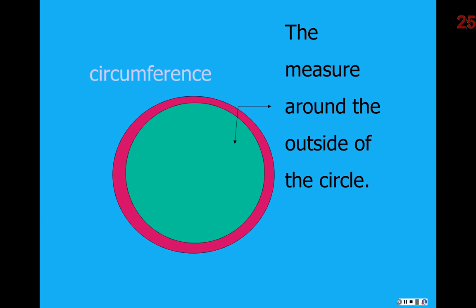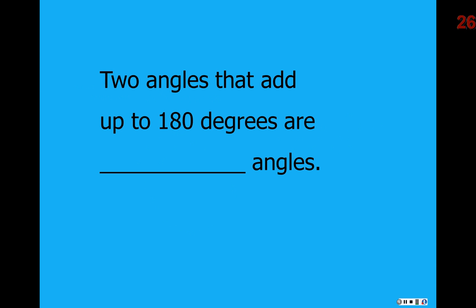Now you guys are waking up. This line in the circle is the radius. Two angles that add up to 180 degrees are blank angles. Supplementary. Somebody got that one.